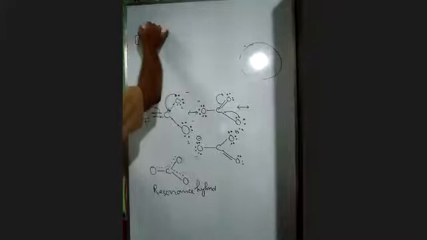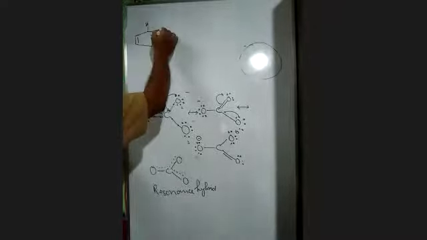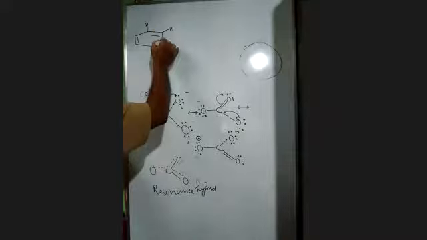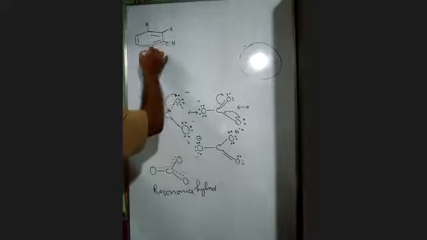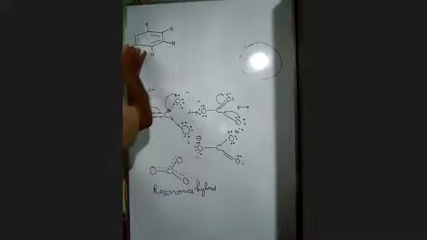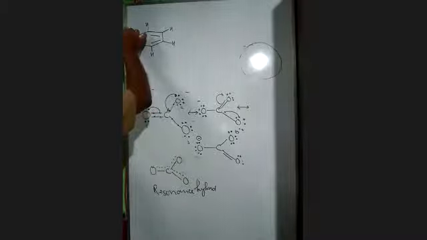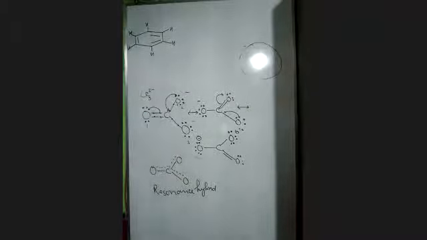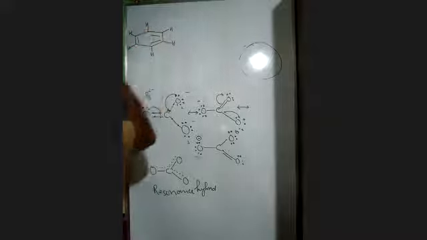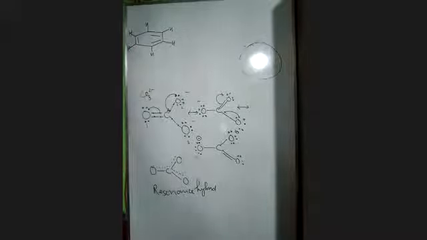See, this is benzene. Generally, we don't write the carbon there. See here, every carbon has an octet because every bond has 2 electrons.